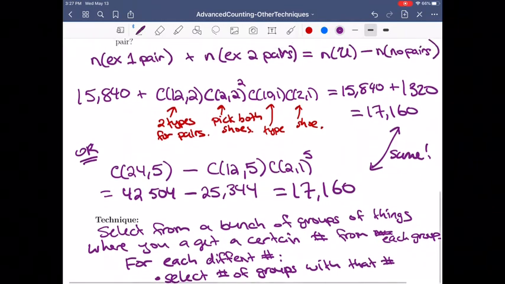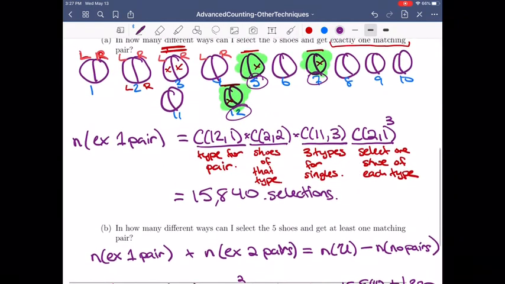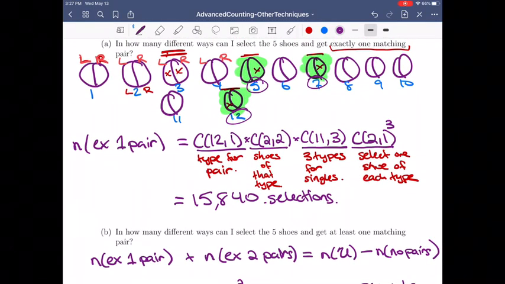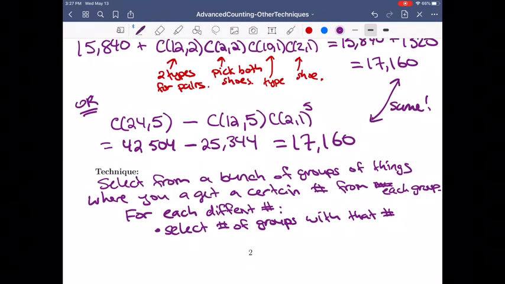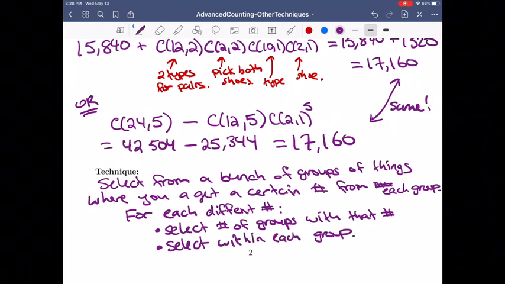In the example above, we wanted one group that had 2 and then 3 groups that had 1. So you want the number of groups where you're going to take that specific number, and then you want to select within each group, and you keep doing that until you get all the things you need. So you want to think of a 2-step process: which groups, and then which items from those groups. That's the basic idea.